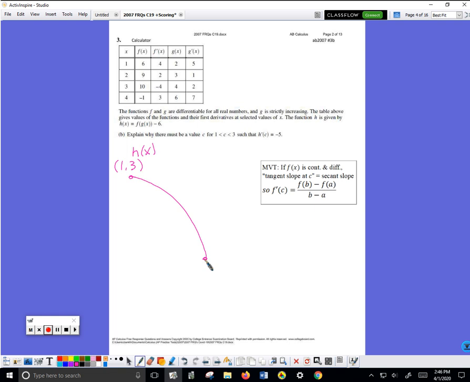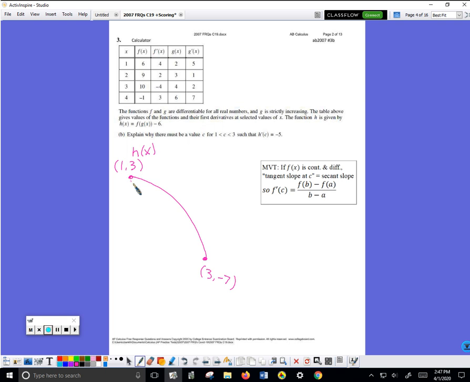This point is 3, negative 7. The mean value theorem says as long as h is continuous and differentiable. So I know that from the same reason I do that in part A.